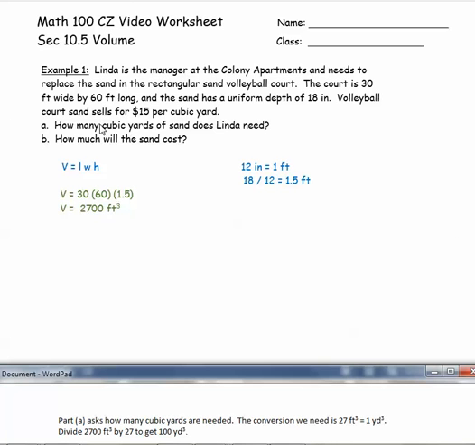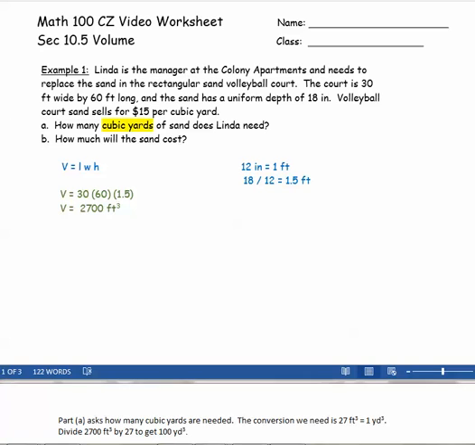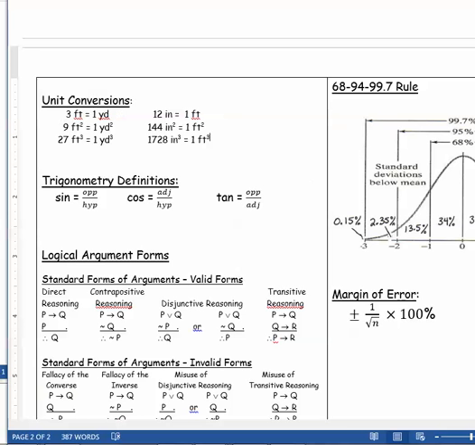Part A asks how many cubic yards of sand Linda needs, and we just found cubic feet. So we'll need to convert. The conversion that we'll need is 27 cubic feet equals 1 cubic yard.